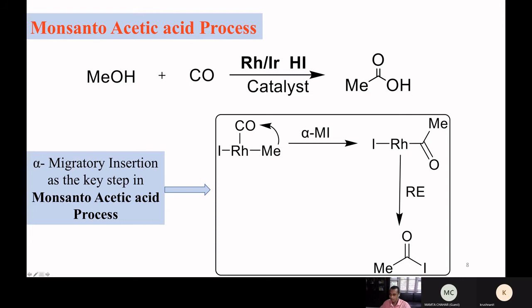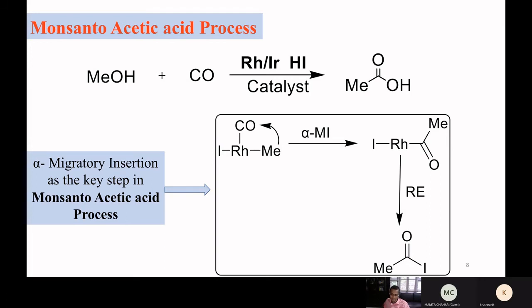Overall, this iodide and COMe undergo reductive elimination. Of course, this is an electron deficient partner, right? COMe is an electron deficient species. As I was also telling, for reductive elimination you need electron deficiency at the metal center, and acyl is one such substituent where you can have ready reductive elimination.